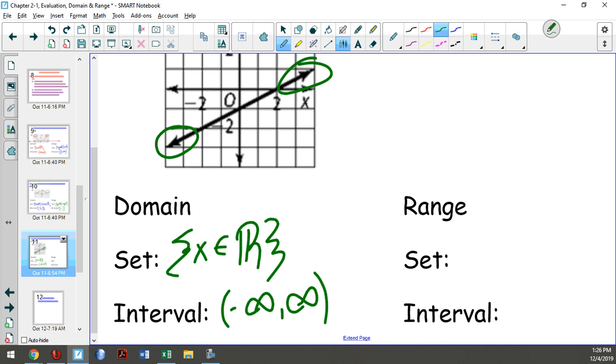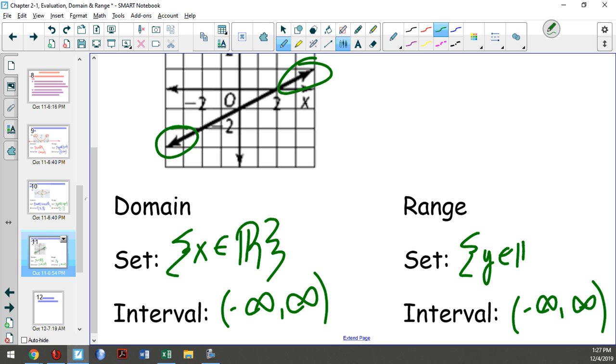Range. How do I read range? From bottom to top. So look at this arrow. The arrow is going all the way to the bottom. What does that mean? Negative infinity. And then this arrow is going all the way to the top. So what's that mean? Positive infinity. So now what?